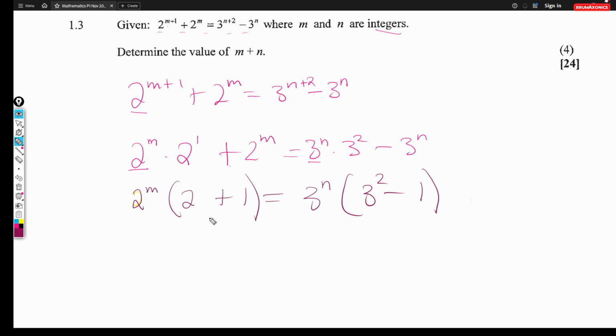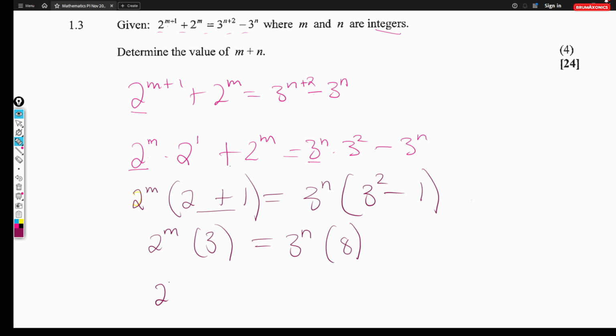So with this, we are going to have 2 to the exponent m, and then times 3, is equal to 3 to the exponent n times, so this one will be a 9 minus 1, that will be an 8. Okay, so with that, we are trying to make sure that we have similar bases so that we can equate the exponents.